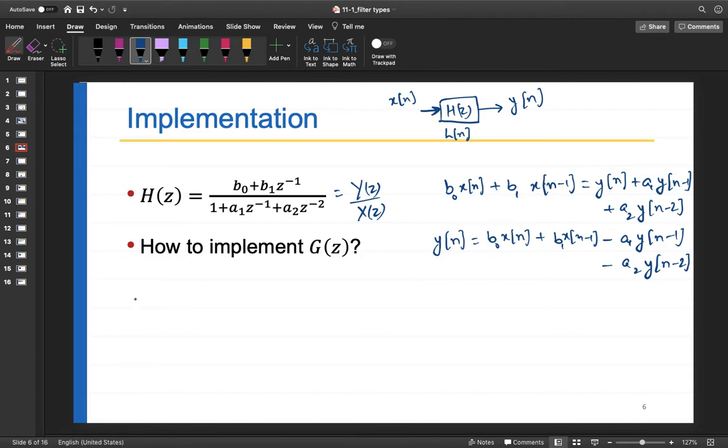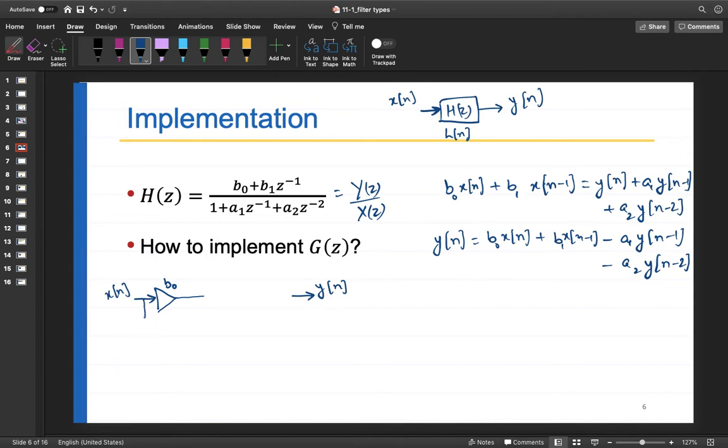Now, how do I implement my h of n? Basically, I have some x of n coming in, and my y of n is b naught times x of n. So let me have a multiplier that multiplies with factor b naught, plus b1 times x n minus 1.